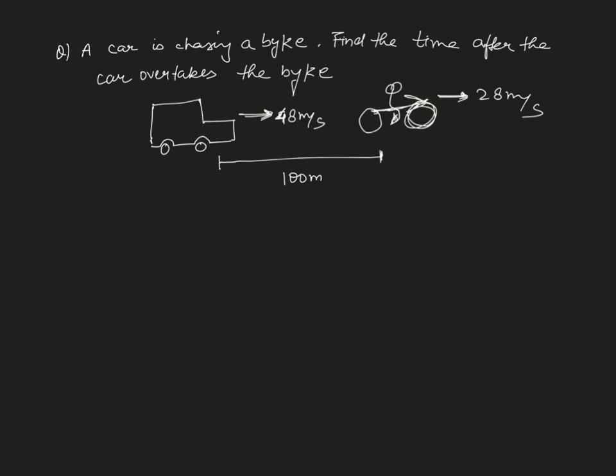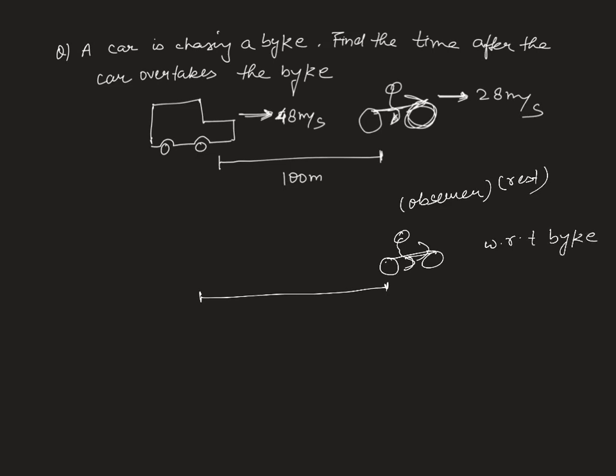Now, what we can do is very simple. We can look at the relative motion either from the reference frame of the car or from the bike. So let's say we are observing the relative motion from the reference frame of the bike. So this person becomes the observer, and we know that observer is always at rest. Now your bike comes to rest and you are observing the entire motion with respect to the bike.